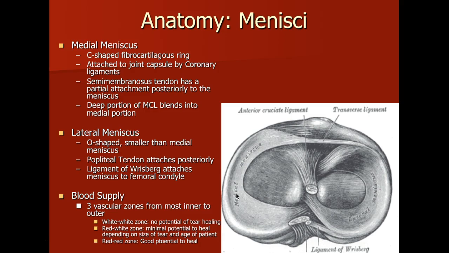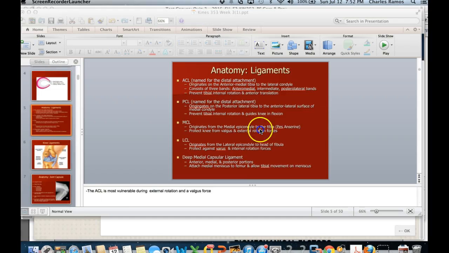There's a lot of nutrients that get distributed through the meniscus as well. So it's really important to maintain good posture and good conditioning, so that you're not damaging or putting unnecessary stress on these menisci, because you really need them, especially if you're going to be a very active person.